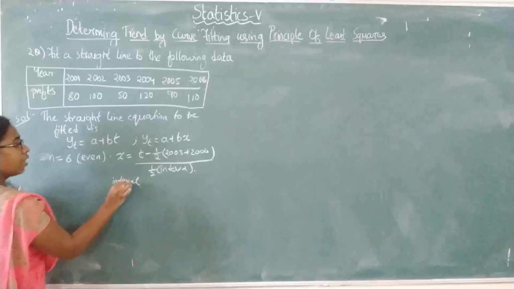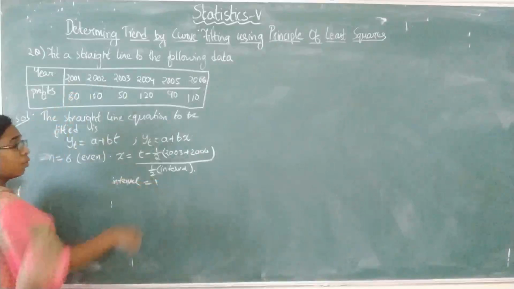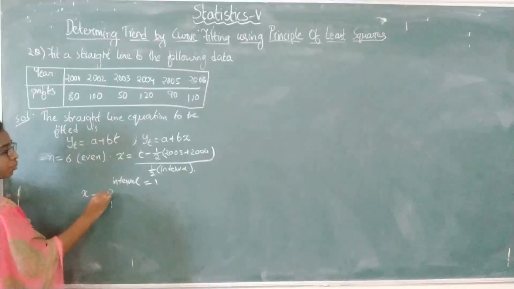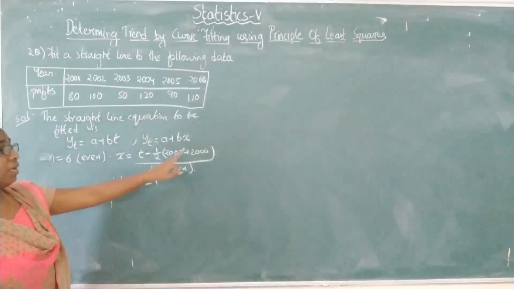Here the interval is only 1. Half of the interval means half of the one value. Since we are taking half of the middle values for the origin, for the scale also we take half of the interval. What is the scale value? Only 1, the difference between the time points is 1. If you take the LCM, what will you get? x equals 2t minus 2003 plus 2004.